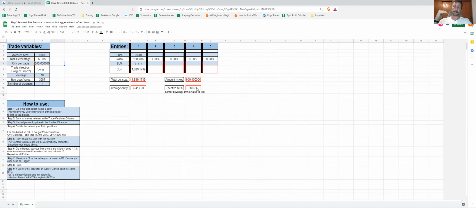I've seen BitMEX liquidating at 45% loss of margin, which means if you were trading 10x and you had your stop at 5%, that'd be a 50% loss of margin, so you would have been liquidated. 45 is the lowest I've ever seen BitMEX have it, and that was trading 100x, so you're never going to come across it anyway. But by always keeping my effective stop below 40%, it always keeps me safe from liquidation.